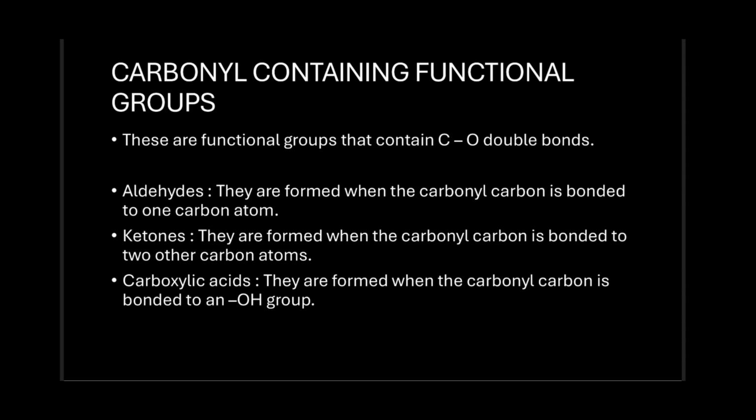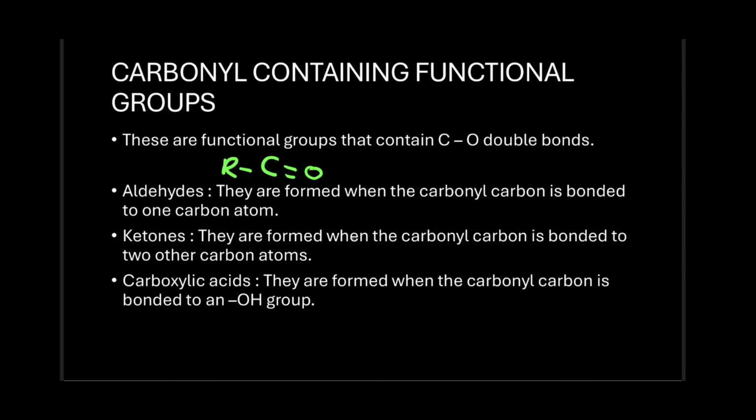So these are functional groups that contain a carbon to oxygen double bond. So it means in their bonds we have a carbon to oxygen double bond being bonded to our hydrocarbon. So the first functional group under the carbonyl containing functional groups are the aldehydes. They are formed when the carbonyl carbon is bonded to one carbon atom.